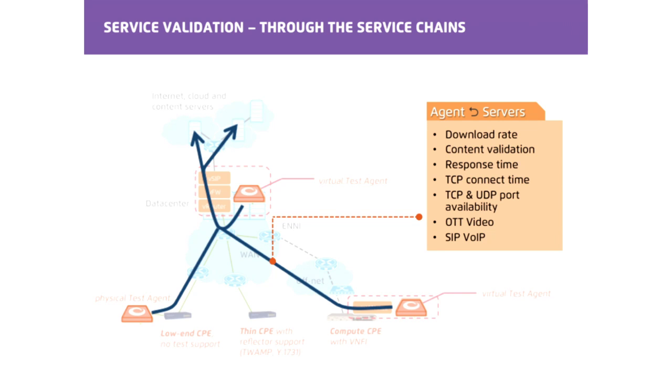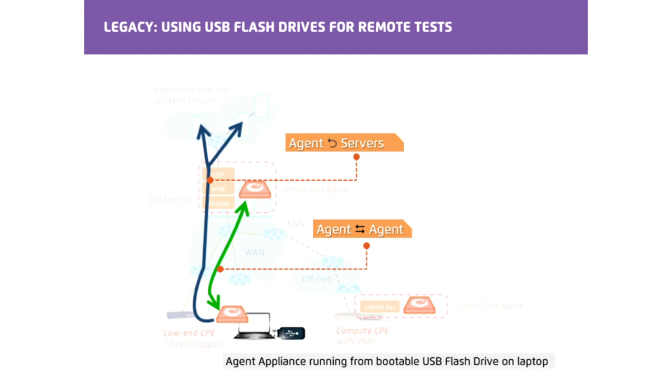So these two can, of course, be done concurrently in the network layer and the service layer from the virtual test agents. And as a final remark here, in scenarios where you have the low-end CPE and you don't want to ship a box out there, since this is a software-based solution, you can put the same software that runs on hypervisors or other x86 targets on a bootable USB device, boot up a laptop, and perform the tests from a remote location, either to other agents or consuming services from servers out there.